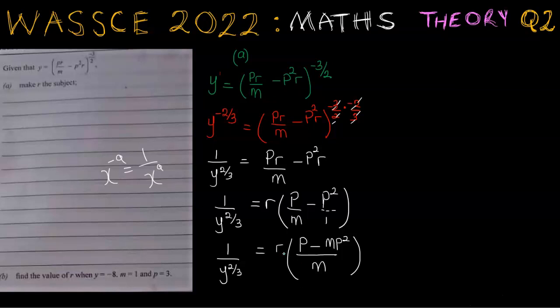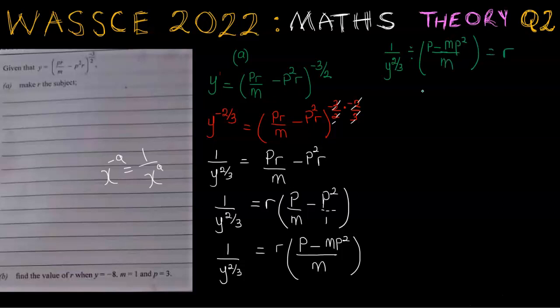Since the sign between r and (p minus mp squared) over m is a multiplication, I can just divide both sides by (p minus mp squared) over m in order to have r as the subject of the formula. So dividing the right by (p minus mp squared) over m, that's going to cancel out. And doing the same on the left, I would have 1 over y raised to the power of 2 over 3 divided by (p minus mp squared) over m.